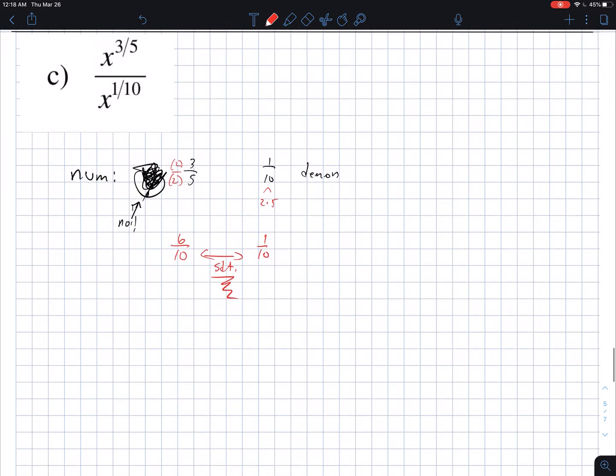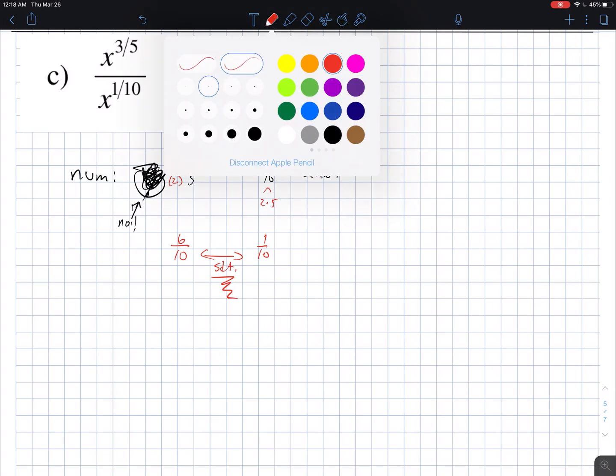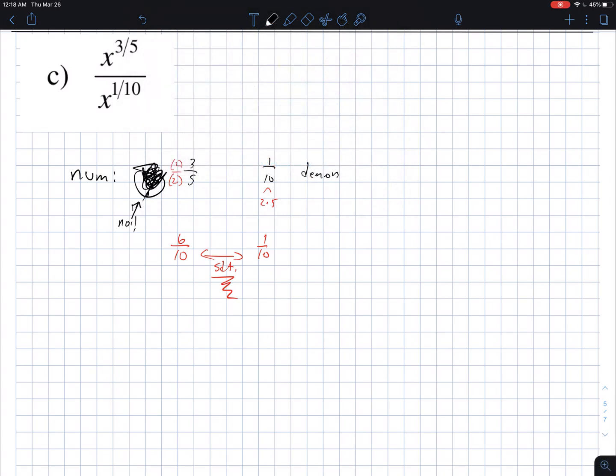Now, remember, when you're taking the product of the same bases, you add the exponents. So when you divide the same bases, what do you think you're going to do with their exponents? Yeah, that's right, you're going to subtract them. So I'm going to rewrite this as x to the 6/10 all over x to the 1/10, which simplifies to x to the 6/10 minus 1/10.